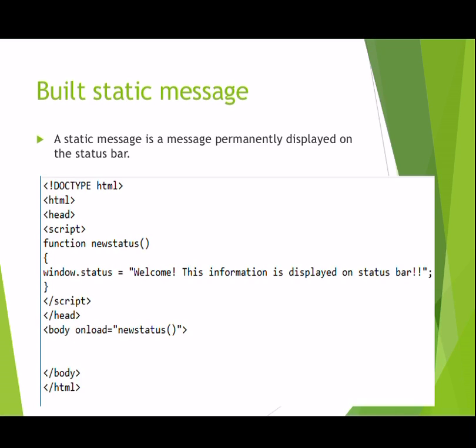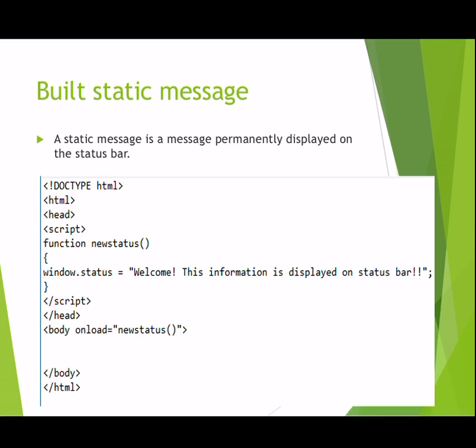The function name is newStatus. So when your page is loaded, the newStatus function will be called, and it will display the status bar message, that is welcome, at the bottom of your window. Then close your body tag and close your HTML tag.